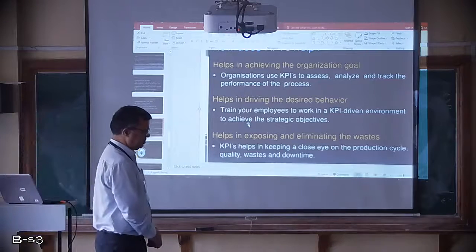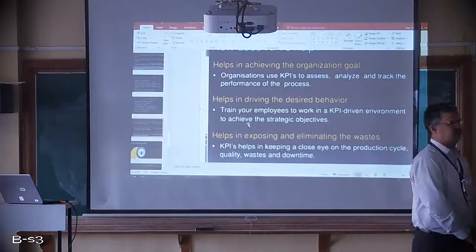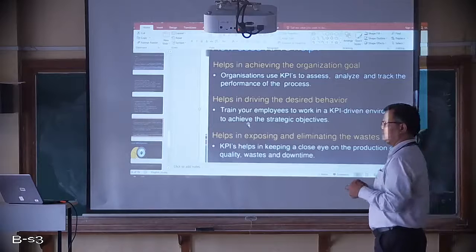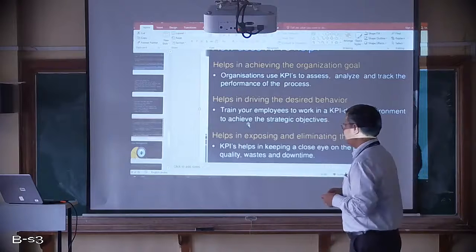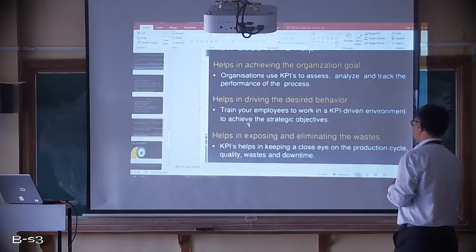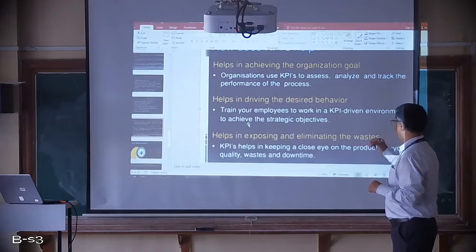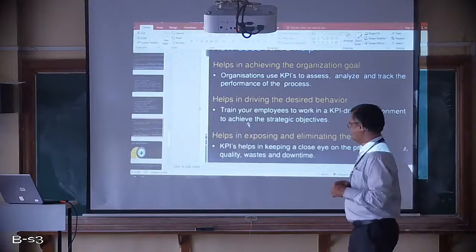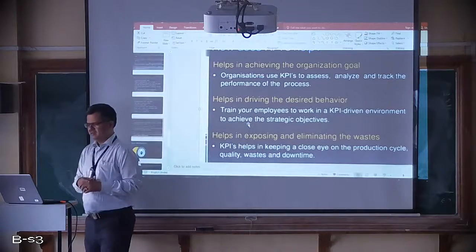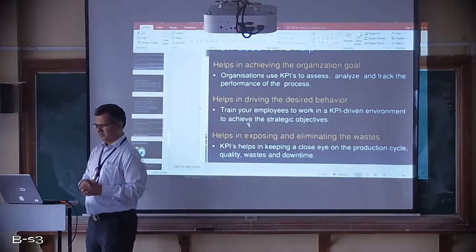When you focus on key performance indicators, maybe a process, quality control or waste identification, basically it exposes, identifies and eliminates waste by keeping a close eye on the production cycle, quality, waste, and downtime. That's how KPIs help the organization improve performance.